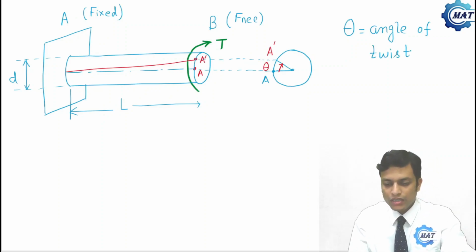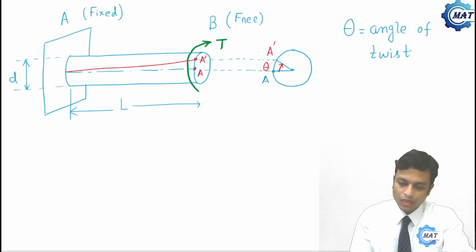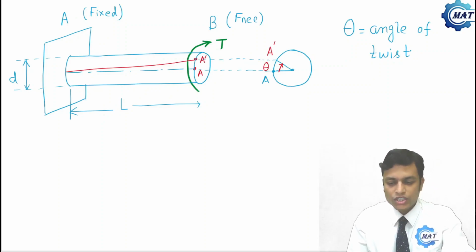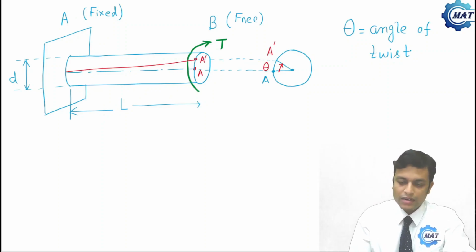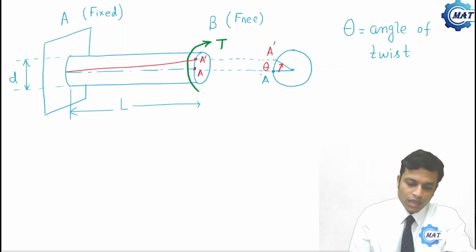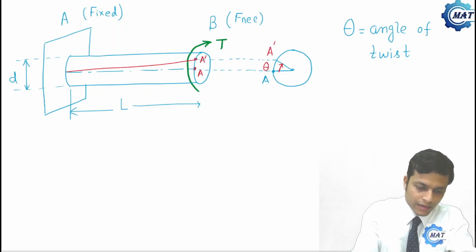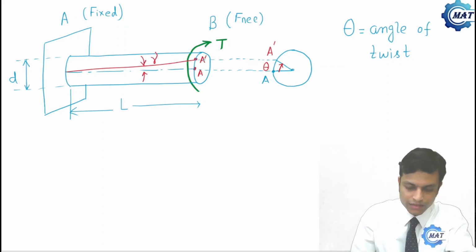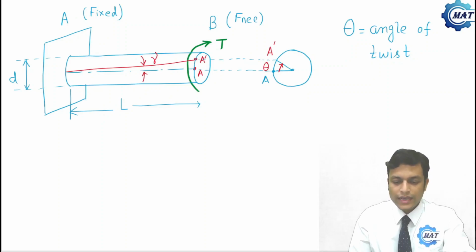So due to torsion, the free end of the shaft is rotated and this angle theta is called angle of twist. And from the definition of shear strain, you can understand that this angle is nothing but shear strain gamma.